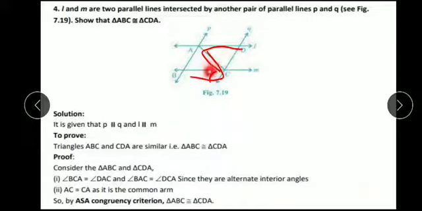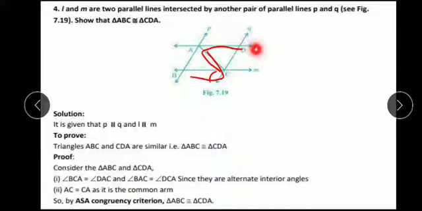So angle BCA is equal to angle CAD. Why is it equal? We know that in case of two parallel lines, if a line cuts them, it is called a transversal, and these are two interior alternate angles. That means BCA is equal to CAD.